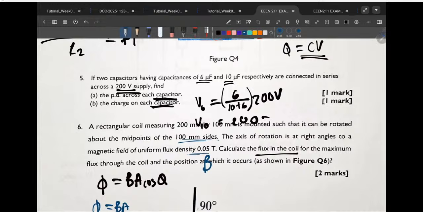Okay, so here you've been told that in this case, we have our B, we have found it. A is now just the area.